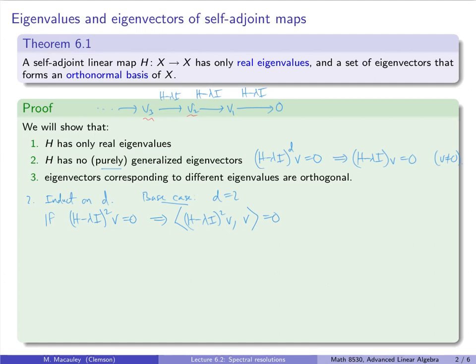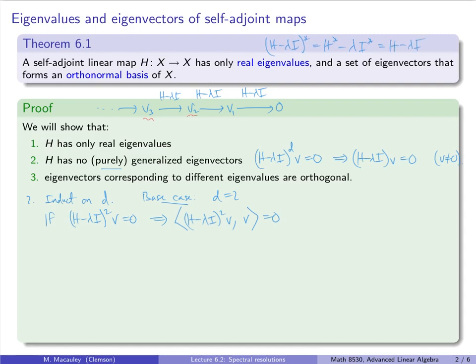Because we have the inner product of 0 with V. But if H is self-adjoint, then it's clear that H minus lambda I is self-adjoint. I don't think I need to justify that, right? The adjoint of H minus lambda I is H star minus lambda I star, and H and I being self-adjoint, this is H minus lambda I.